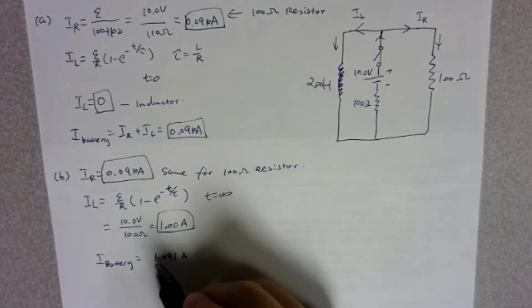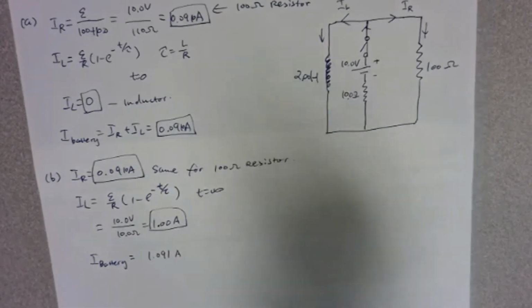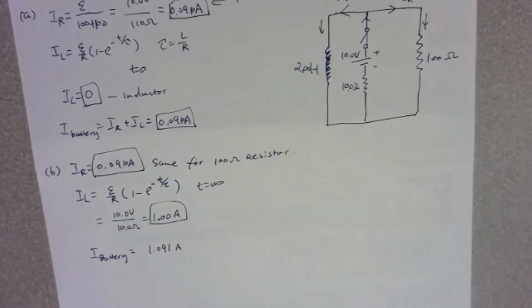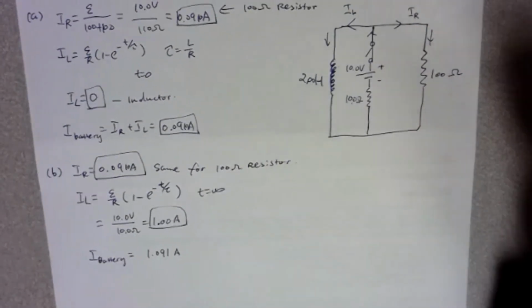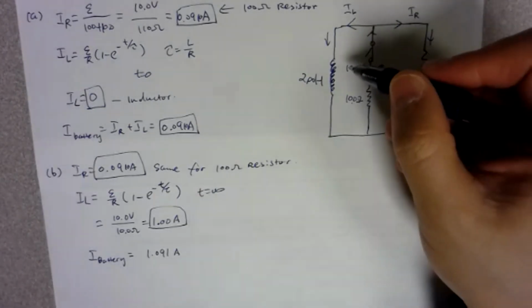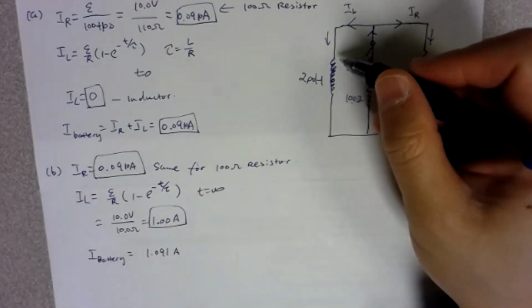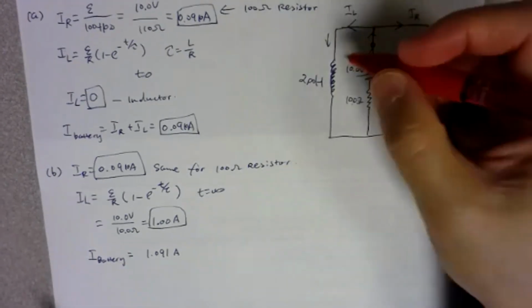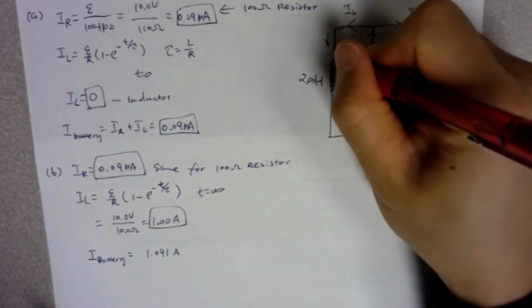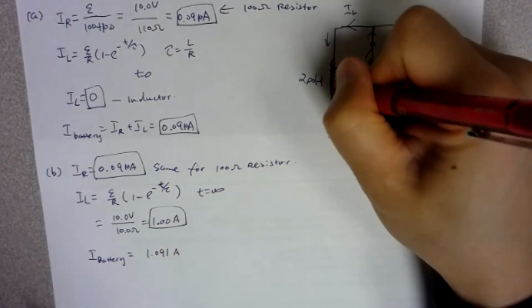I'm sorry, actually that's not the case. After a long time here, the current will just go through. This is acting as a straight wire because the current has stabilized, and then just goes right through.